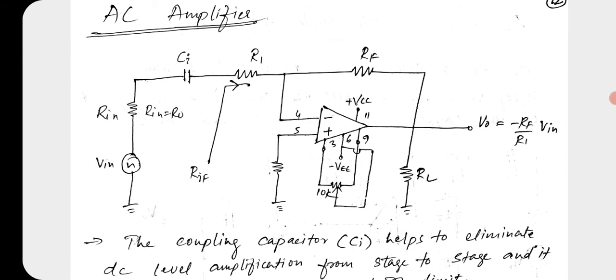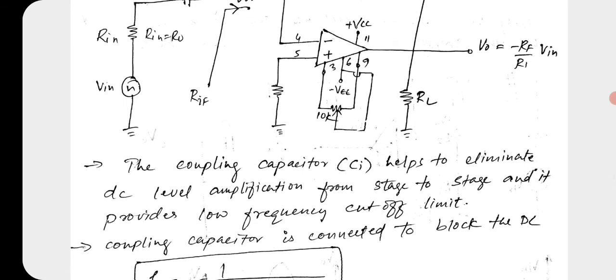Here also you can see the offset null circuit is already added there for pins 1 and 5. So the same thing is written here. The coupling capacitor helps to eliminate DC level amplification from stage to stage, and it provides a low frequency cutoff limit.